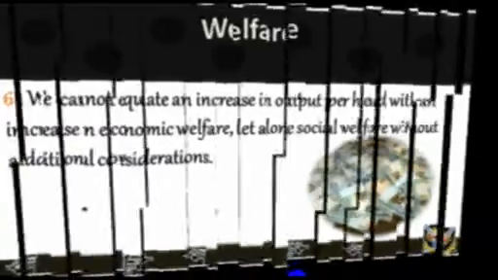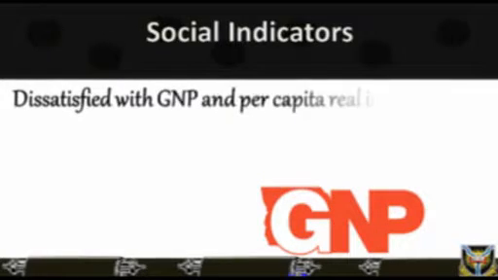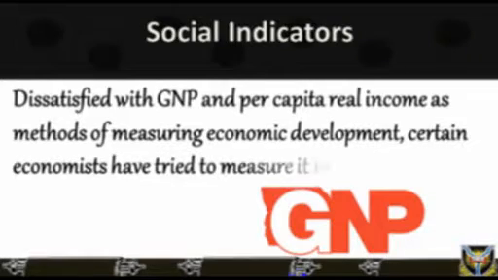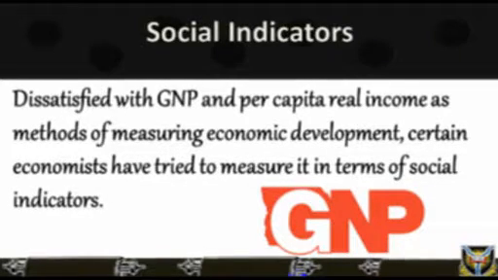Social indicators. Dissatisfied with GNP and per capita real income as methods of measuring economic development, certain economists have tried to measure it in terms of social indicators.